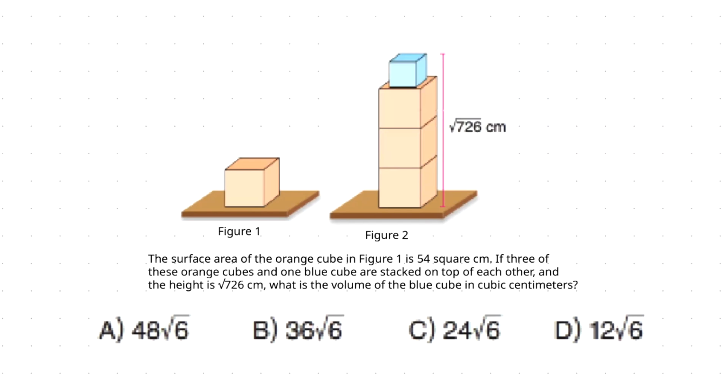If 3 of these orange cubes and 1 blue cube are stacked on top of each other, and the height is root 726 centimeters, what is the volume of the blue cube in centimeters?